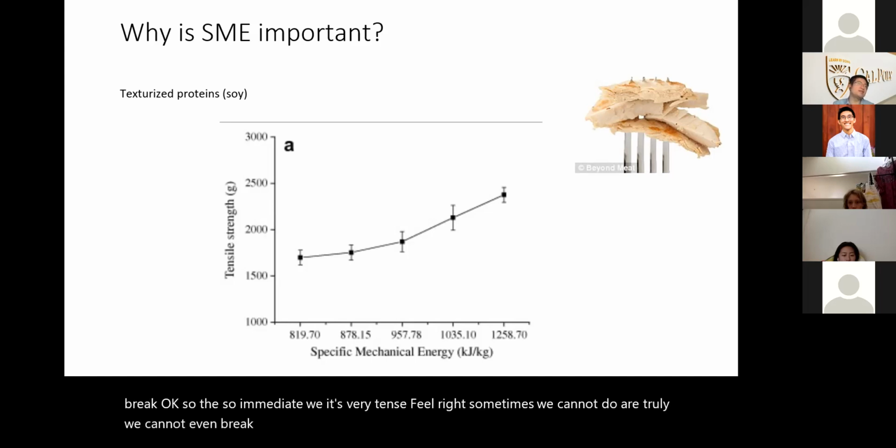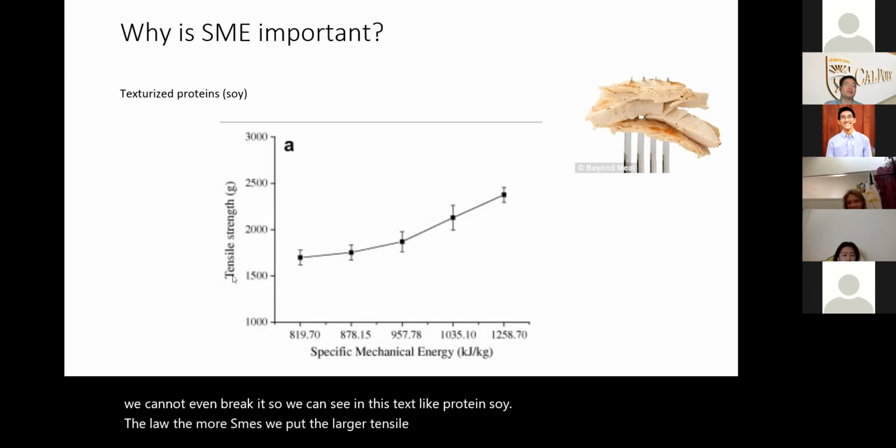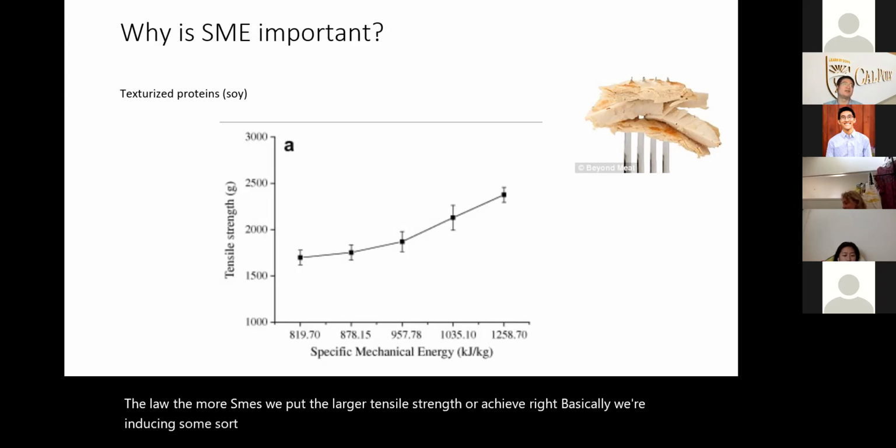So you can see in this texturized soy protein, the more SME we put in, the larger tensile strength it achieves, right? Basically, we're inducing some sort of cross-linking. So that's the way that we apply SME to control the product properties. Okay?